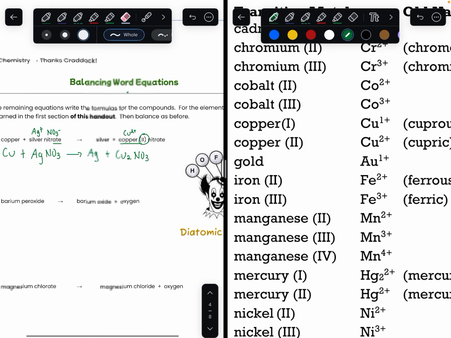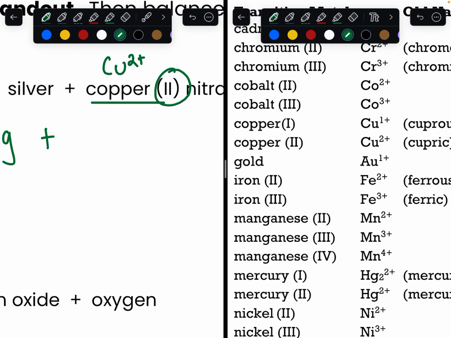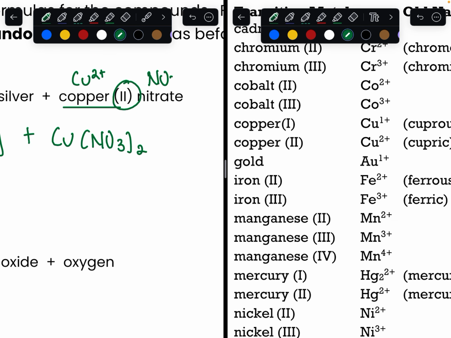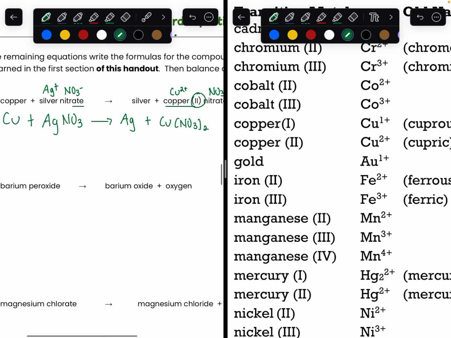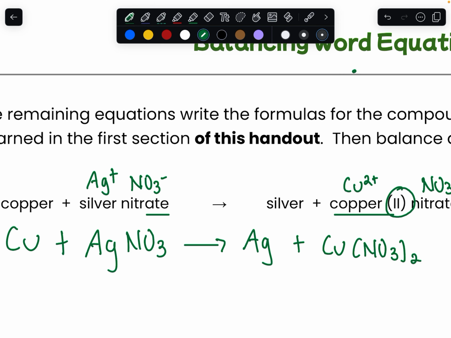What it's saying is that there is a copper with a +2 charge. When we do this, we want to balance out the charges so that the charges equal 0. That means you need 2 nitrates, since each nitrate is -1, and 1 copper to make the overall charge 0.